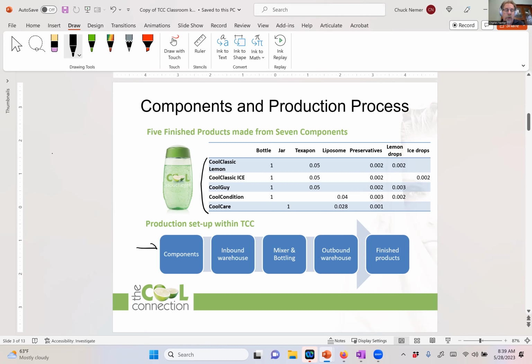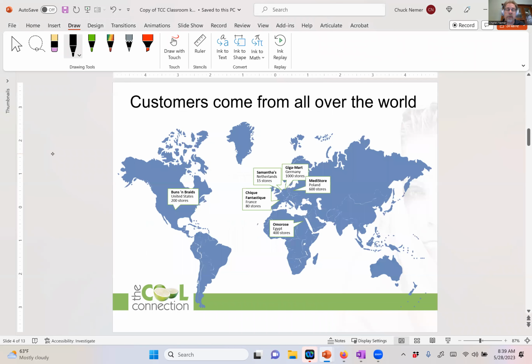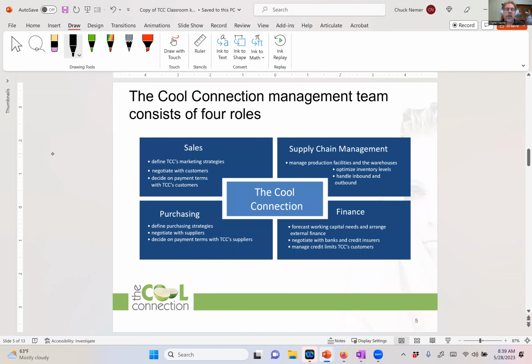We bring in components, we store them in an inbound warehouse, we mix the ingredients, bottle them, put them in an outbound warehouse, and then ship them off to the customers. Customers come from all over the world. We're in the Netherlands ourselves. Not all of these customers will be available to you in this version, but you'll see the customers as they're introduced.